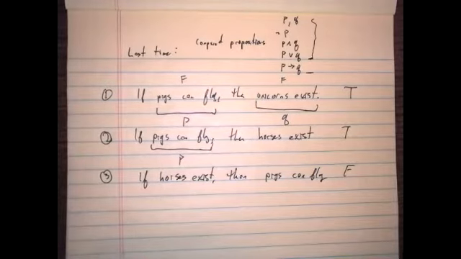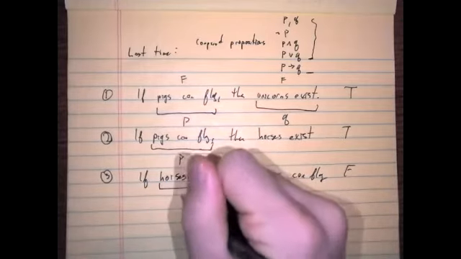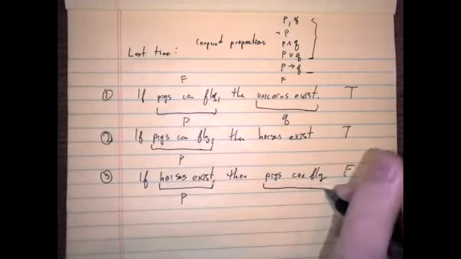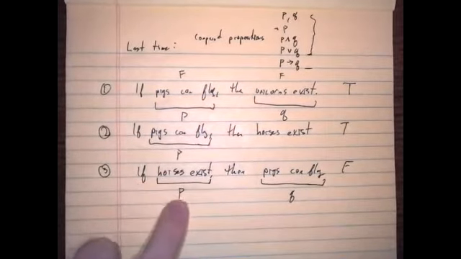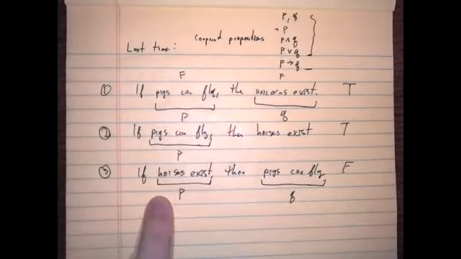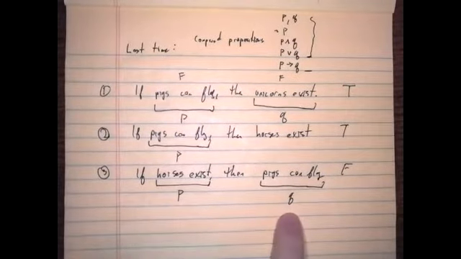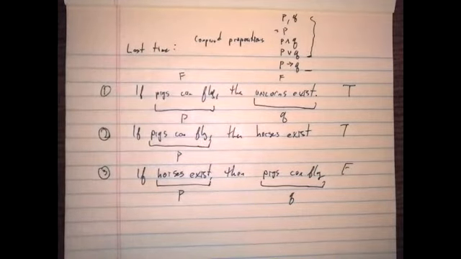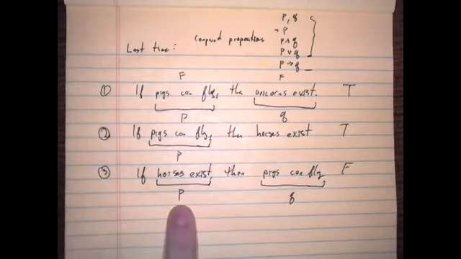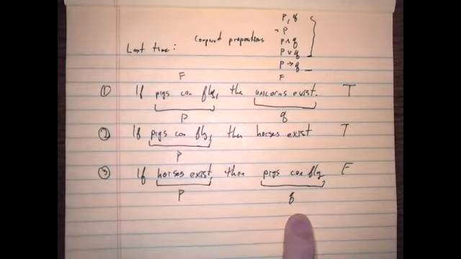Here, the first proposition P is horses exist, and the second proposition Q is pigs can fly. Horses do exist, so the hypothesis is true, but the conclusion is false because pigs cannot fly. This is the only case in which an implication, P implies Q, is false: the hypothesis is true, but the conclusion is false.